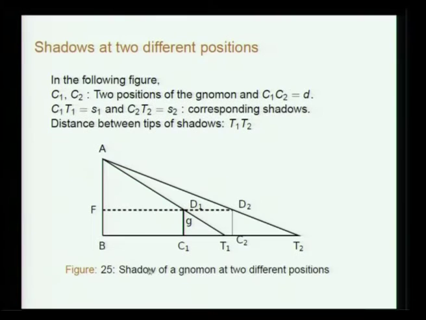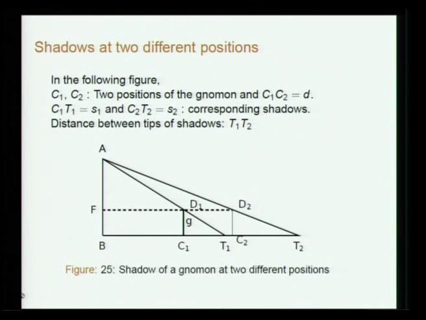He is calling this BT1 the base. C1 and C2 are two positions of the gnomon. The distance between the positions of the Shanku is D, one shadow C1 T1 is S1, the other shadow is S2, and the distance between the tips of the shadows is T1 T2.